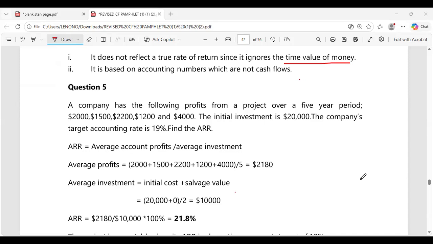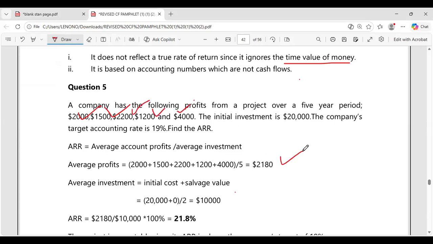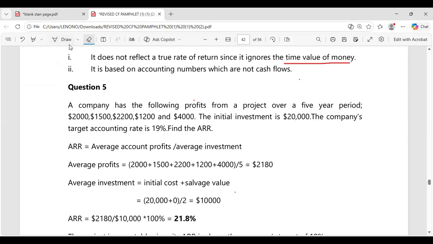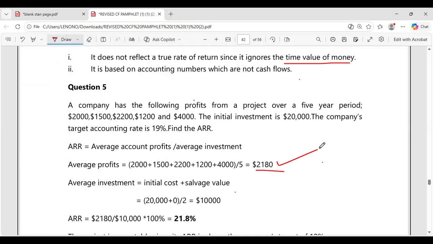Here you need to find the average profit by simply adding all these figures, which gave us 2,180. Then the average investment is initial cost plus salvage value.